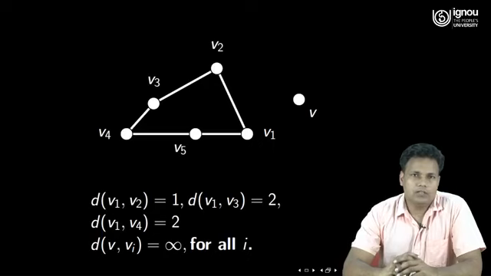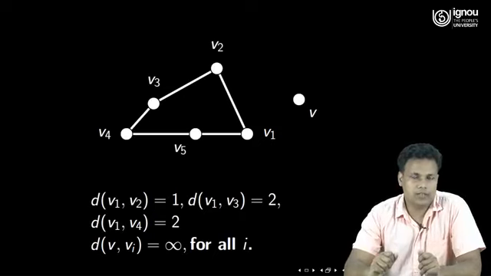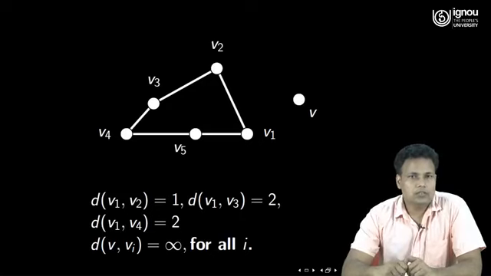Now look at the distance between v1 and v2. They are adjacent. That means there is a path of length 1 between v1 and v2, and in fact this path is the shortest one. So the distance between v1 and v2 is 1.